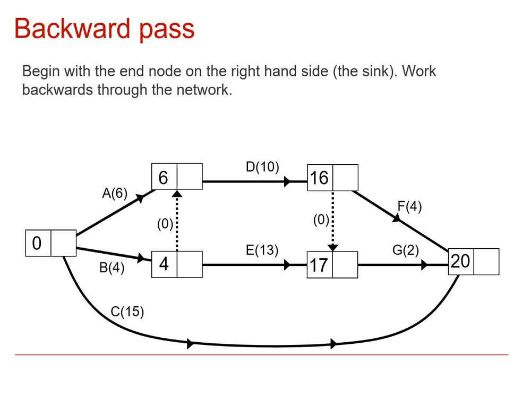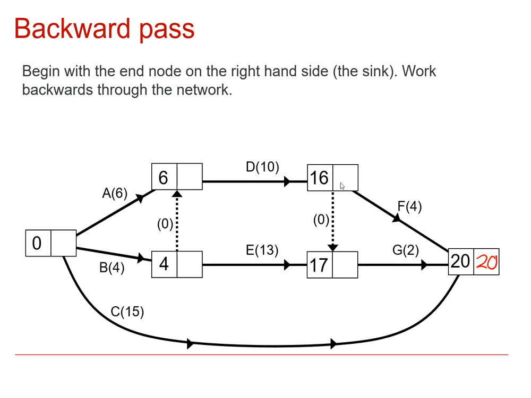So when we carry out the backward pass, as you might have guessed, we start with the end node, and in here we can say that the latest time that this event will occur will be 20. That will always be the same number, because if it was any later, then obviously we'd have time that had been wasted. So this has to finish at 20 units.